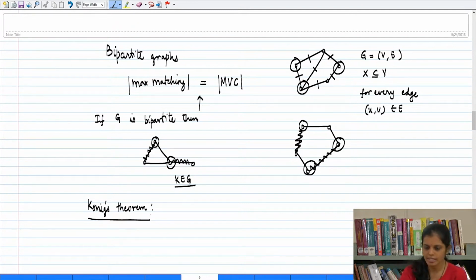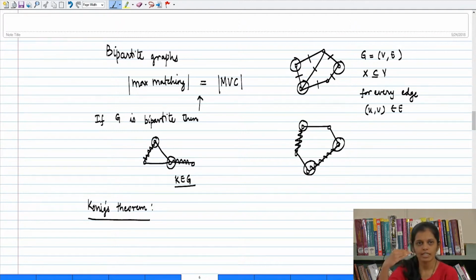So what does Koenig's theorem state? It's exactly this: if G is bipartite, then the maximum matching size is equal to the minimum vertex cover. Right? So what we will do algorithmically now is that we have already computed a maximum matching by taking my bipartite graph, converting it into a network flow problem and asking for a maximum flow. We have already seen an algorithm for the maximum flow.